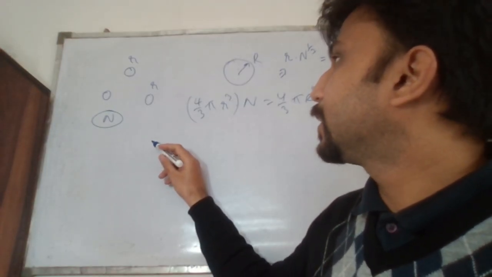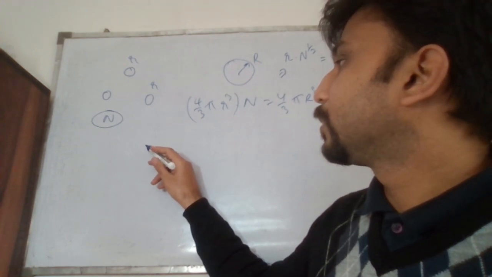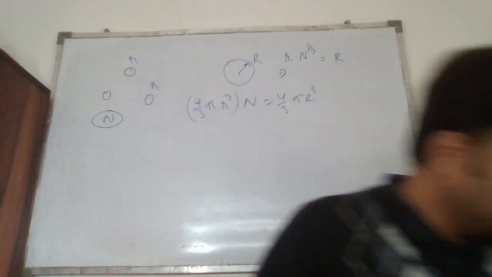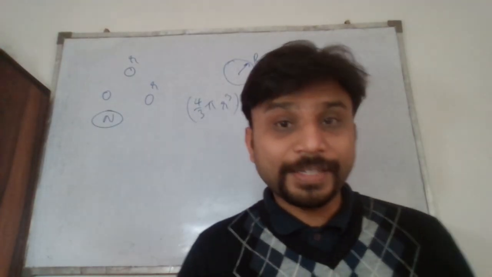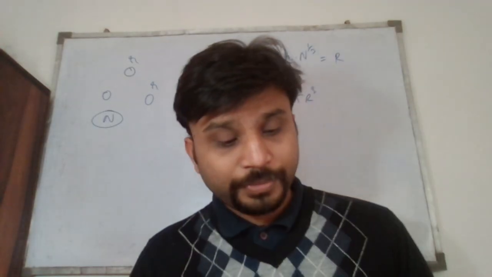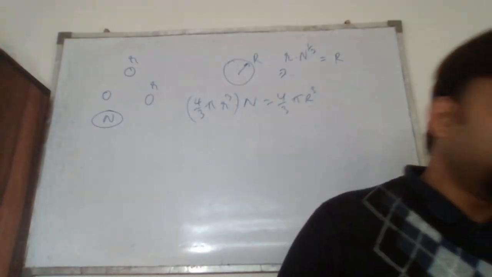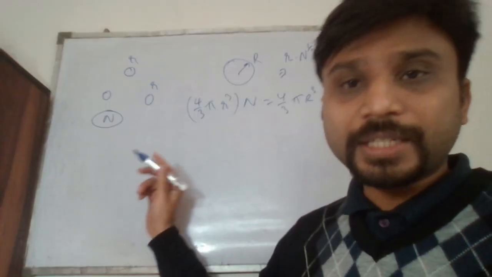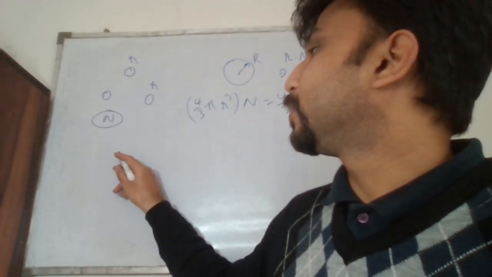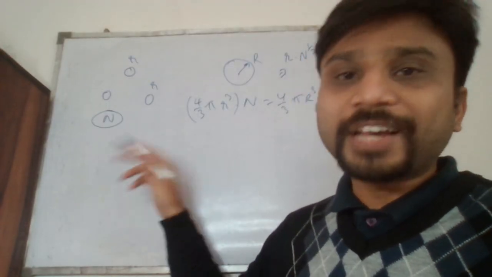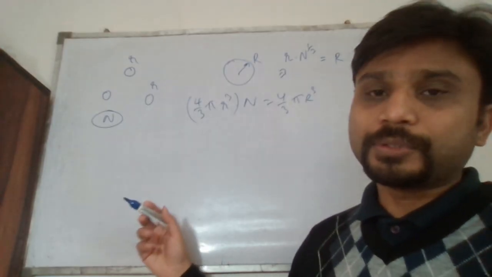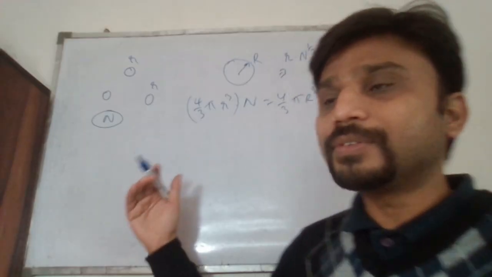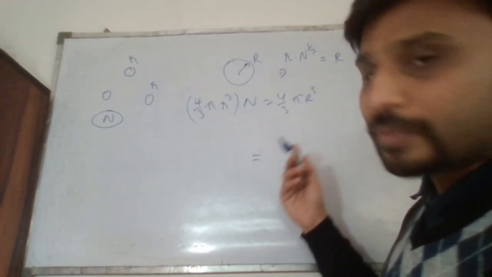Then we ask what would be the kinetic energy of the final drop. That would be evaluated by finding the change in surface energy. The initial surface energy should have been higher, right? If initial surface energy is higher and final is lower, then that difference will go into the kinetic energy of the system.